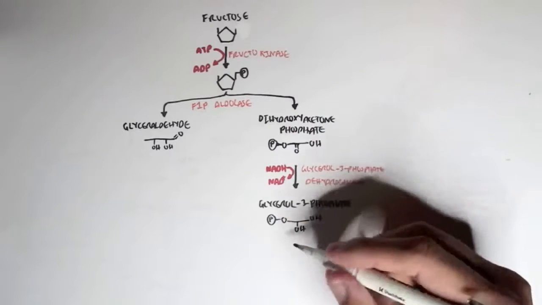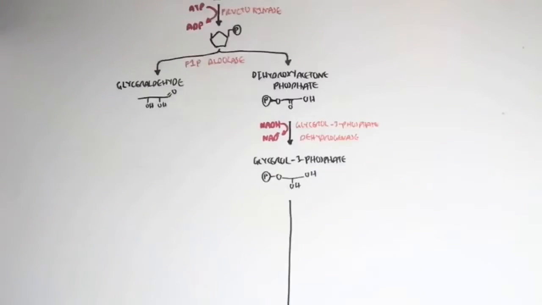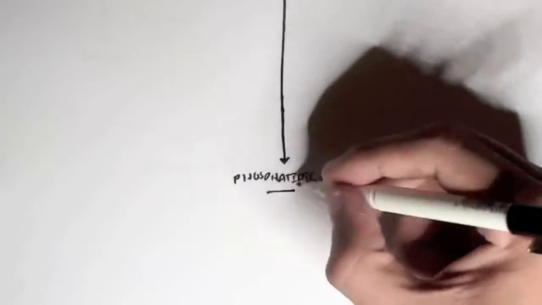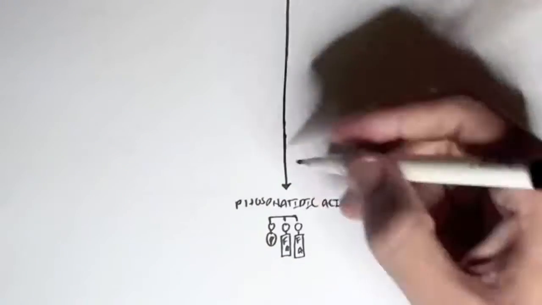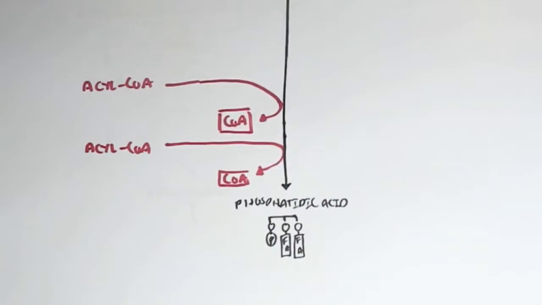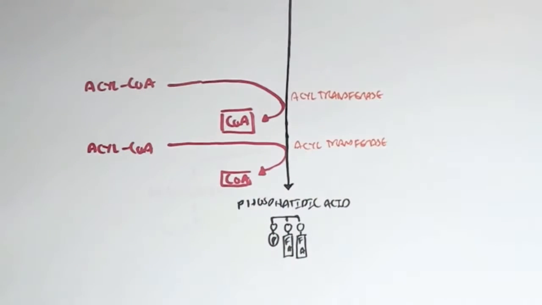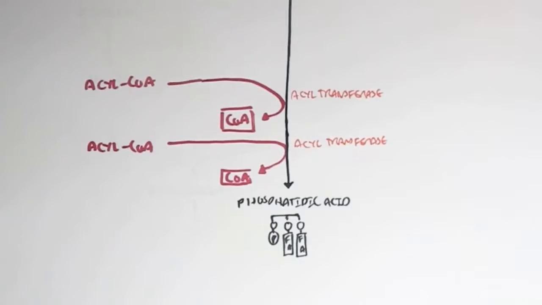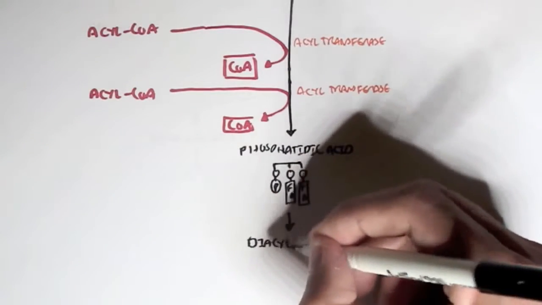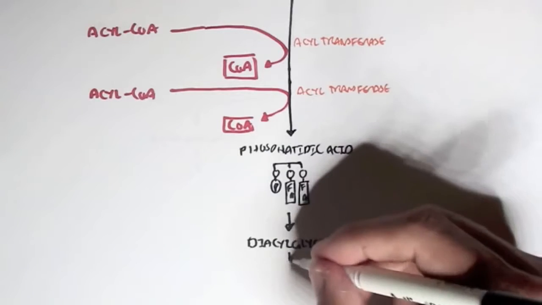Glycerol 3-phosphate can then convert to phosphatidic acid when two fatty acid groups are added. These fatty acid groups are acyl-CoA. They are added with the enzyme acyltransferase. So acyl-CoAs are fatty acids essentially. Phosphatidic acid can then convert to diacylglycerols and then triacylglycerols if it wants to.